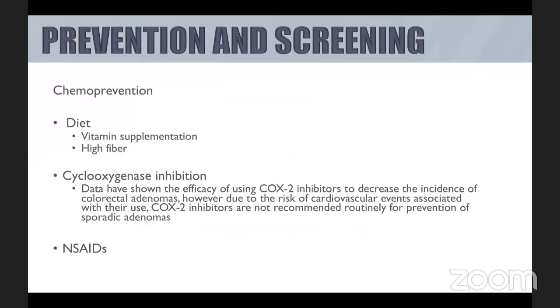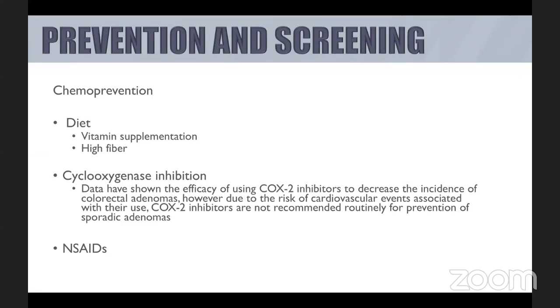Looking at prevention and screening, for chemoprevention there is some data about diet, although it's not recommended yet. Supplements like calcium, vitamin D, and selenium are not well correlated with prevention of colorectal cancer, and the same for high fiber food intake. Some references say it might prevent it, but we don't have strong evidence.